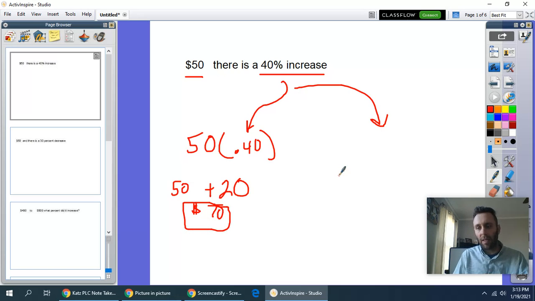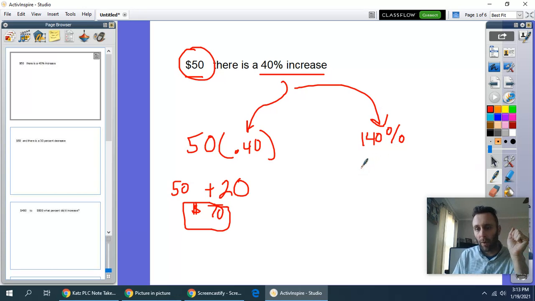Well, you could do the same thing another way. How I do this problem is, if there's a 40% increase, that's 40% over the 100% that it already is. So the $50 is already at 100%, and you're going to go 40% over that. So what I think about is that is 140%, 40% over the total.